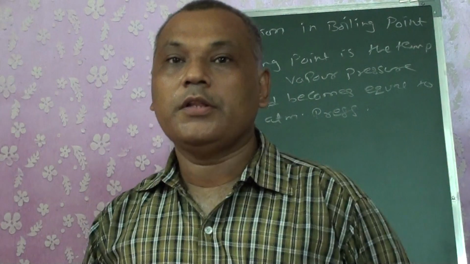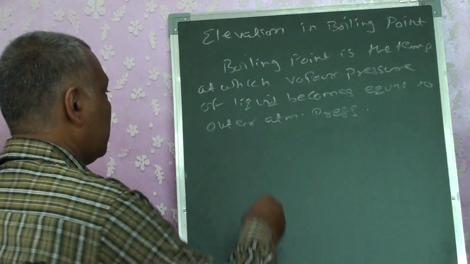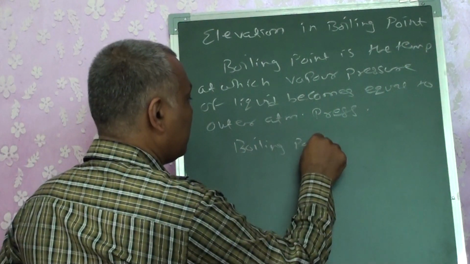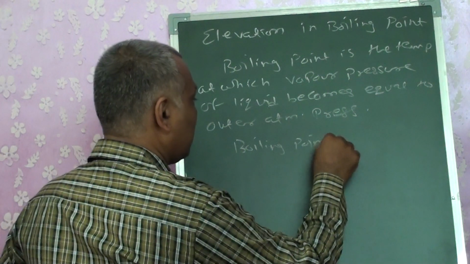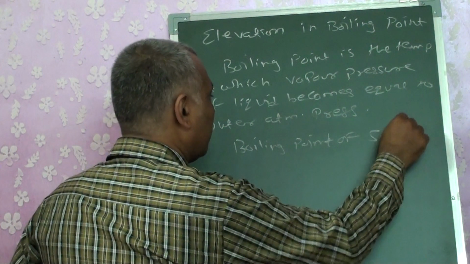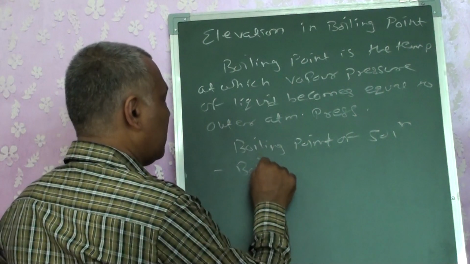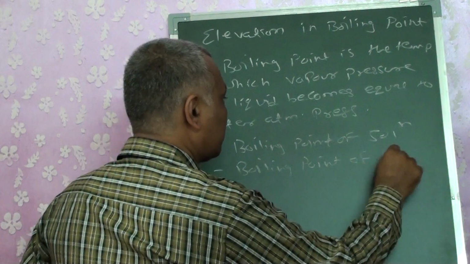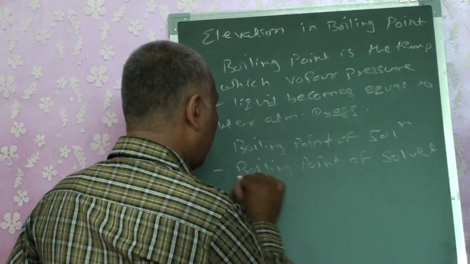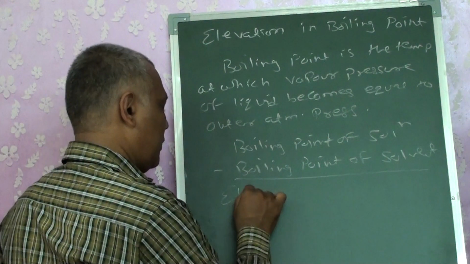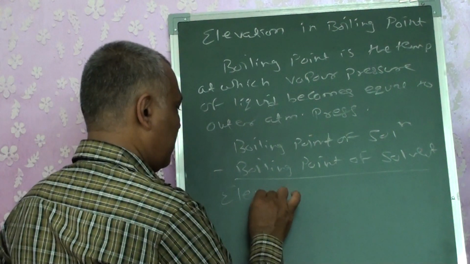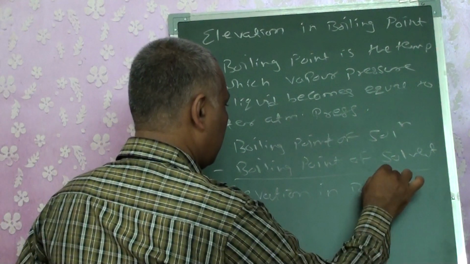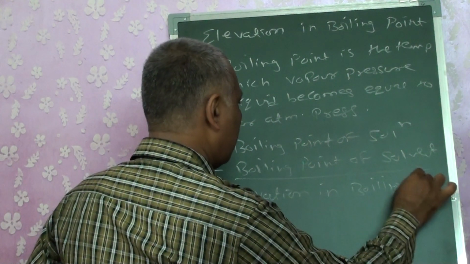When we are calculating the boiling point of the solution, boiling point of solution minus boiling point of solvent will give me the elevation in boiling point.